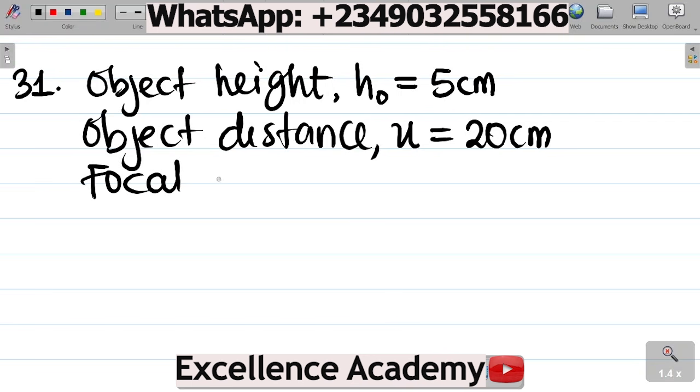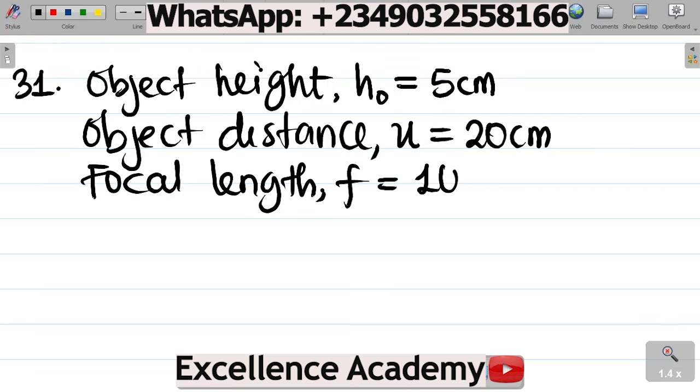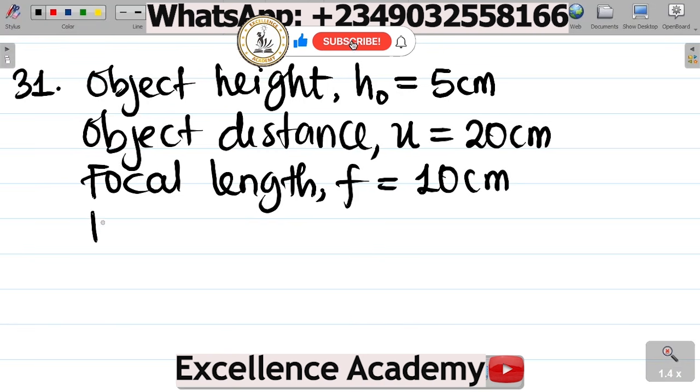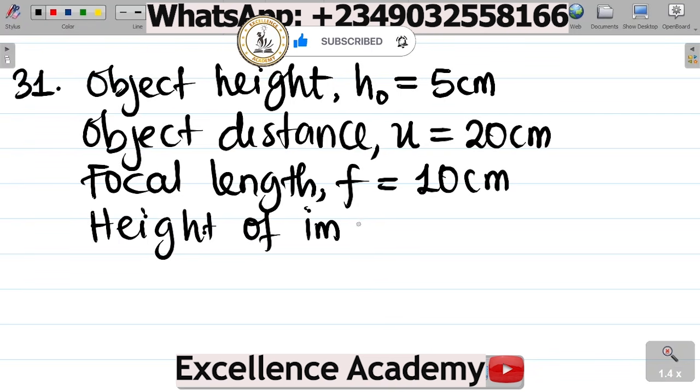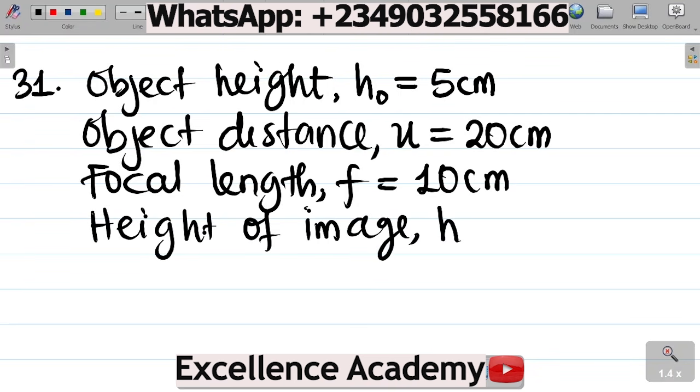So focal length, that's F, is equal to 10 centimeters. You're asked to find the height of the image. So height of image, that's h of I, is equal to unknown.